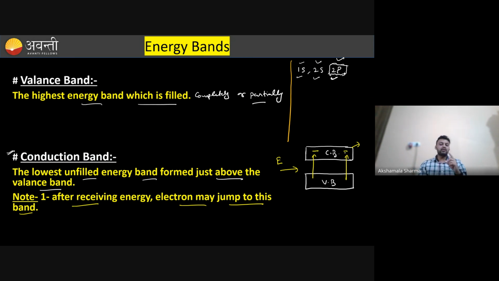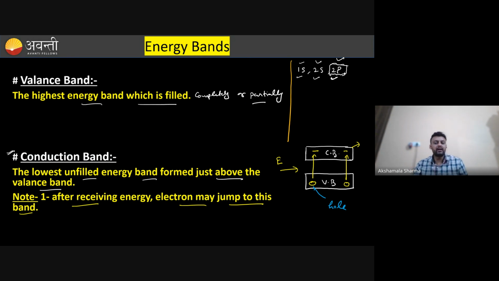Now listen to me again. Very simple things. When an electron leaves the valence band, it will leave behind one vacancy of electron. And this vacancy of electron is known as a hole. What is it called? Hole. Clear till now?